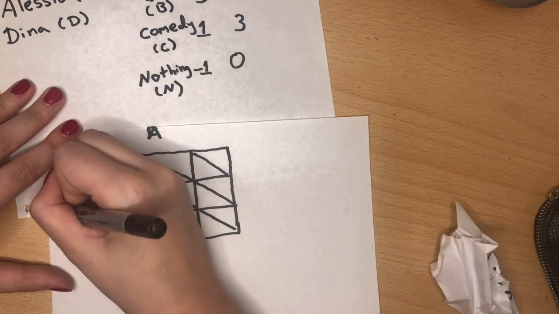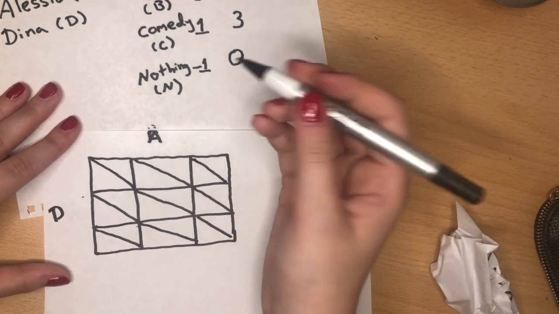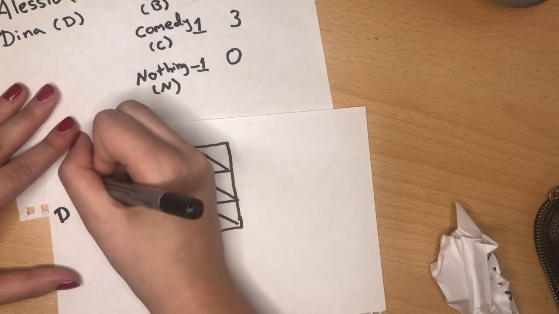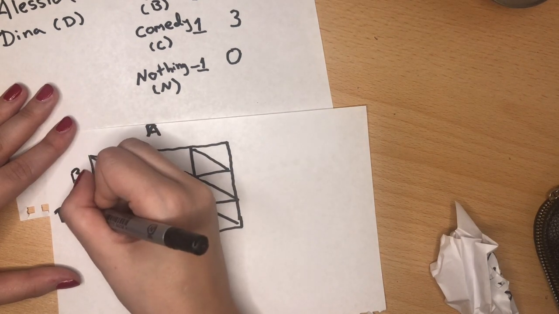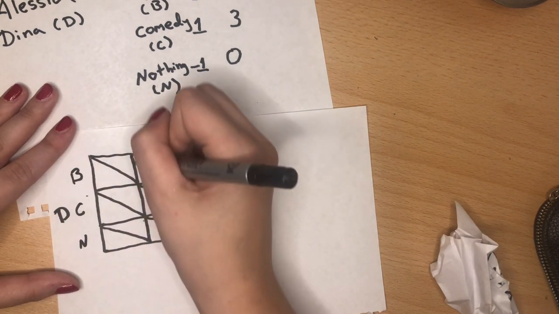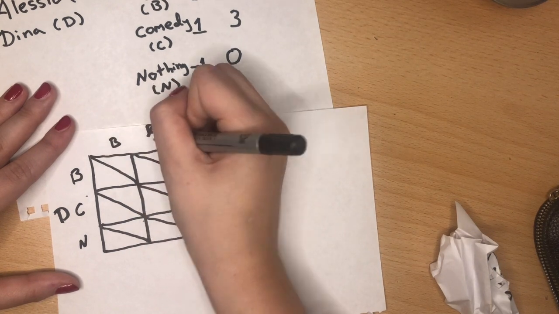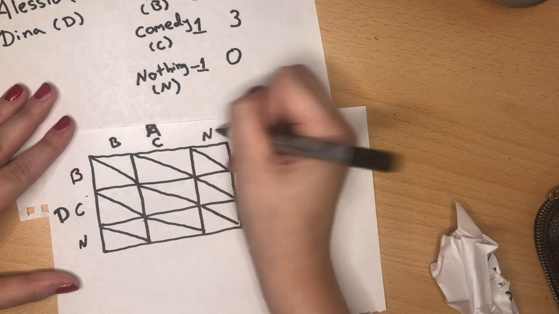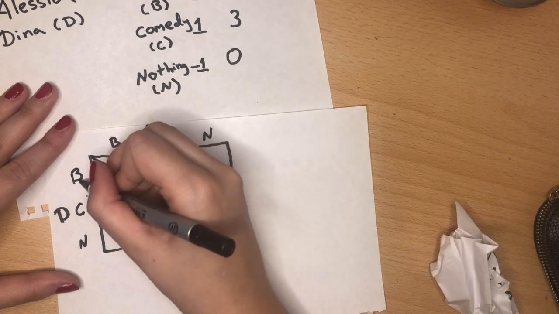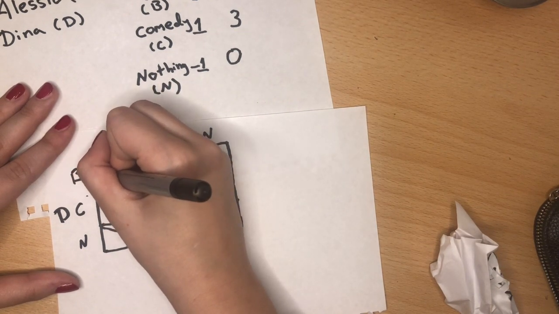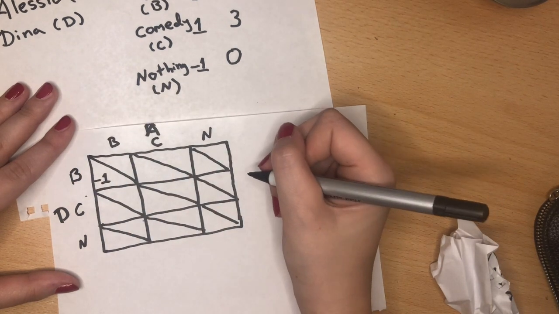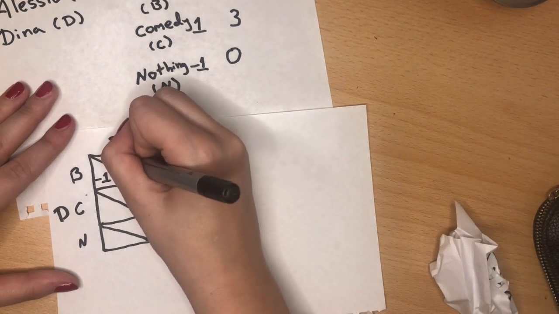This is going to be Dina. This is the black and white movie. This is the comedy. And this is the doing nothing. If we both see a black and white movie, for me, that would be a -1 value. For Alessio, however, it would be a 3.